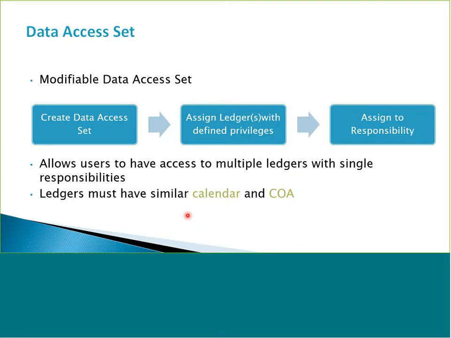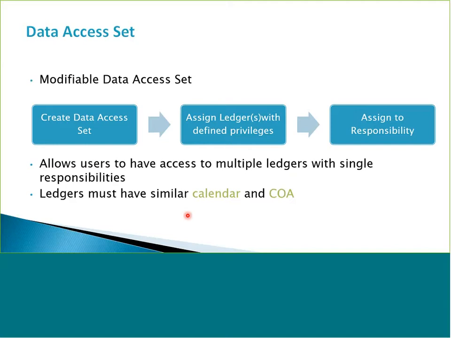So now, what we are going to see in this lesson is that in the previous case, when we create a ledger and a data access set with the same name is created, we can also create a data access set, which then we assign to a responsibility.